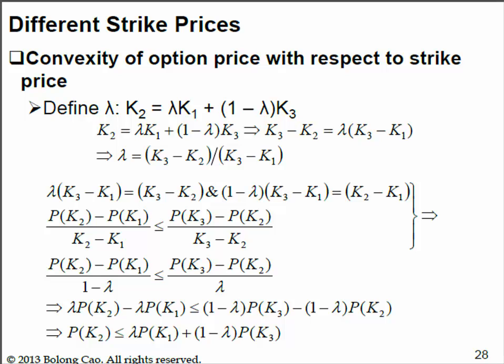We bring lambda times (K3 minus K1) and (1 minus lambda) times (K3 minus K1) to the denominators. 1 minus lambda is for the denominator for the lower strike range put premium change, and lambda is the denominator for the high strike price range put premium change.